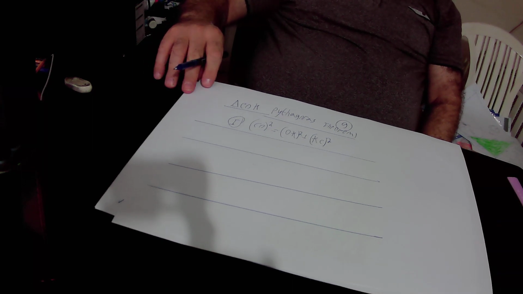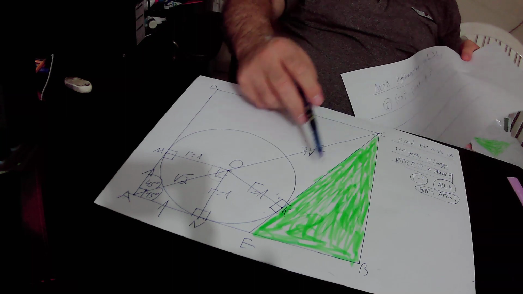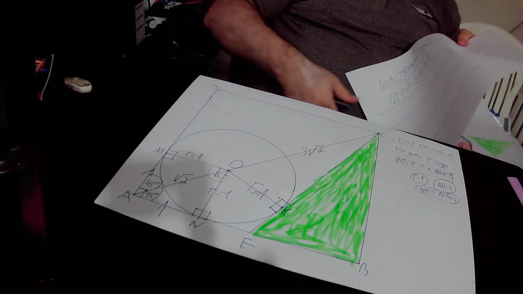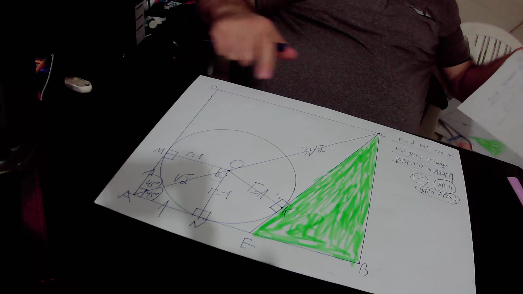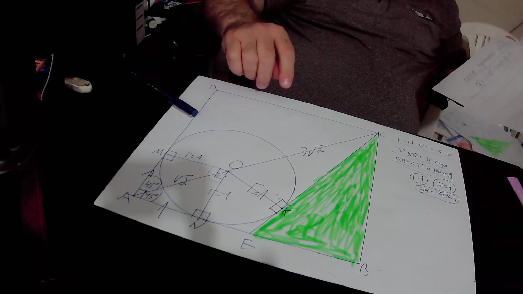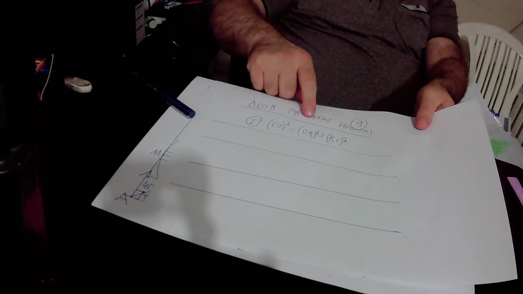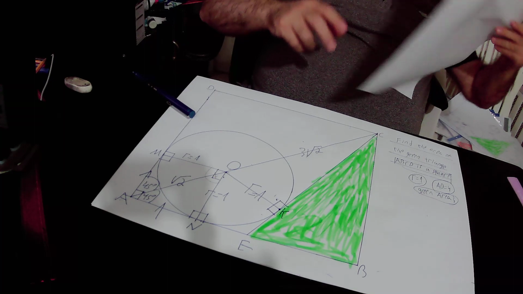We will get that the hypotenuse is CO. So the square of the hypotenuse is CO square, and it equals the sum of the squares of the perpendiculars. That is to say, it equals OK square plus CK square. Okay?